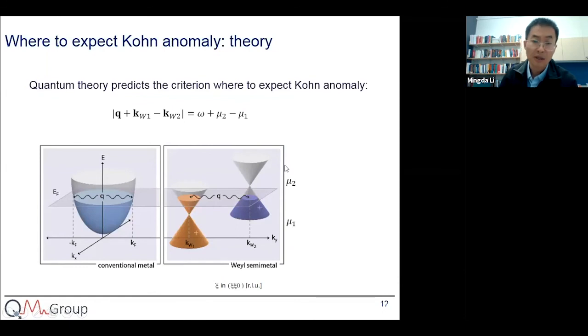To show there is indeed a Kohn anomaly in the Weyl semimetal, we first want to provide a theoretical prediction, or observation criteria, for where we expect the Kohn anomaly to happen.